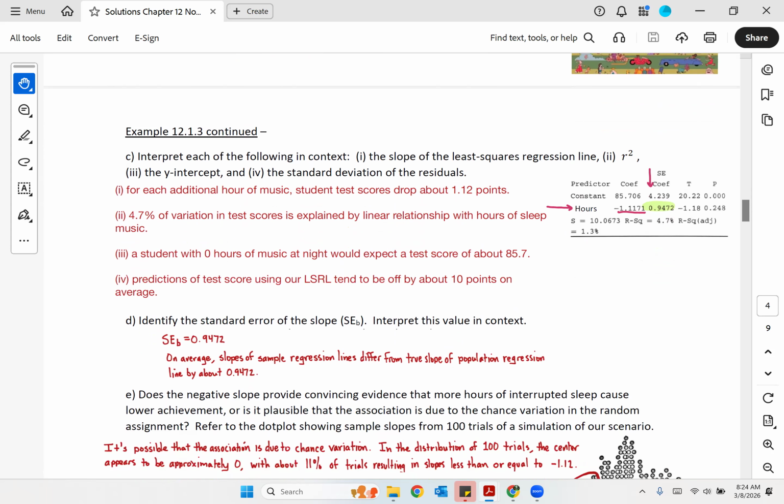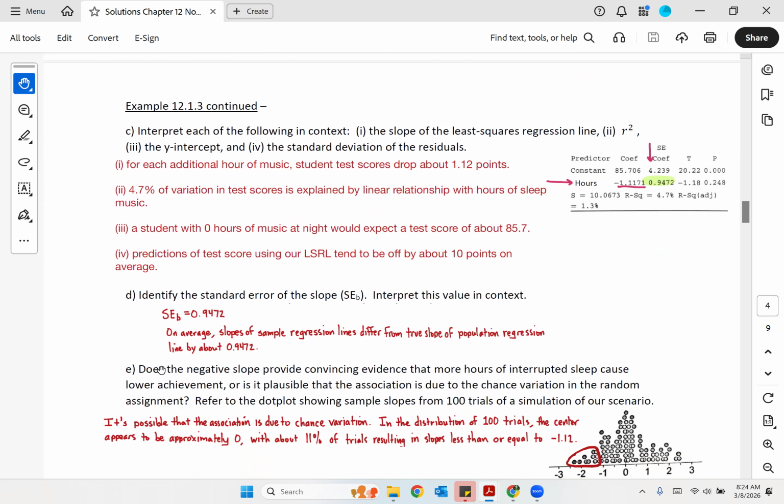All right, scroll it just a little bit more here. For part D, we talk about a value we have not used before in these outputs. Looking at the SE column, SE here is standard error, which is a sample deviation. This is now the second standard deviation we're pulling from the output.